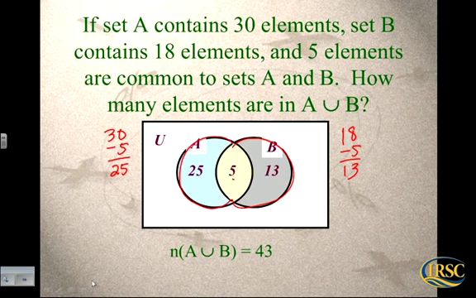Another way that you can look at it is using a formula. We used this notation last time, the little n outside parentheses. Remember, the little n means cardinal number, or amount of elements. So this is the amount of elements in A union B, which equals 43. Just a reminder on that symbol.